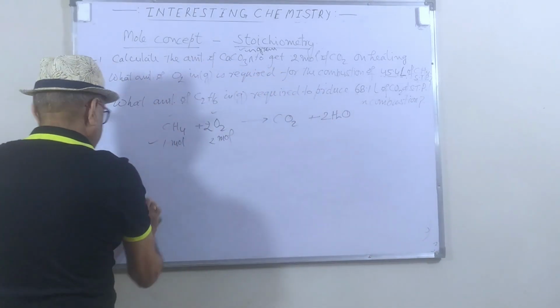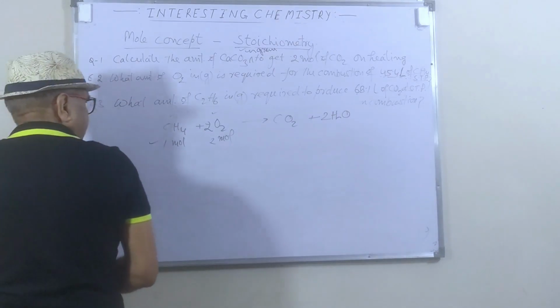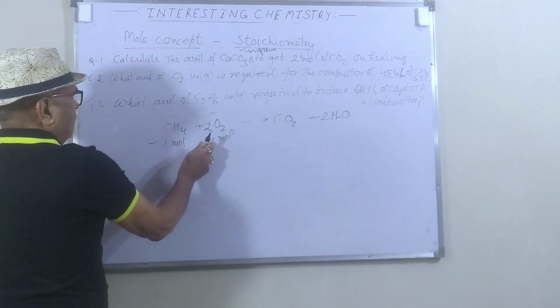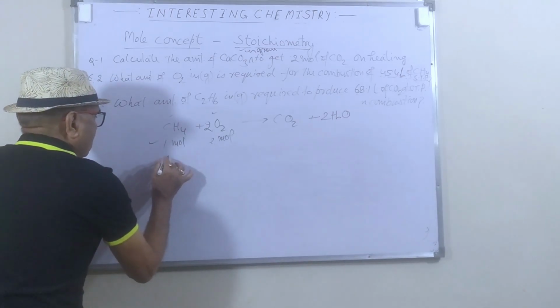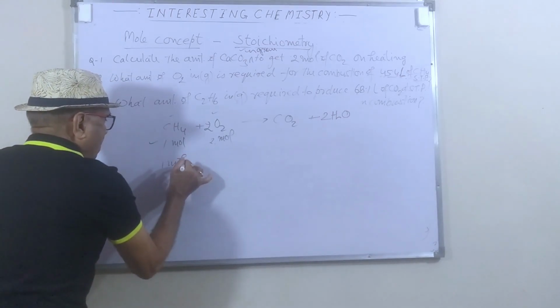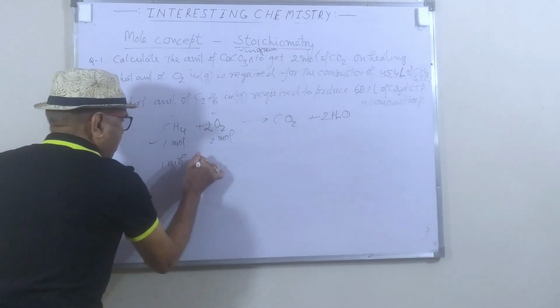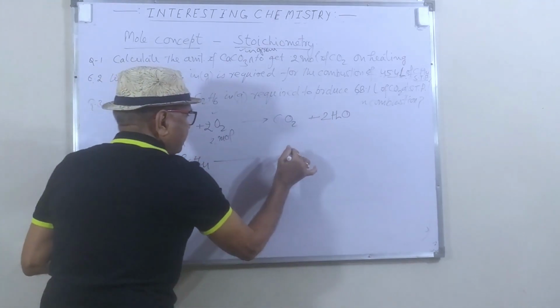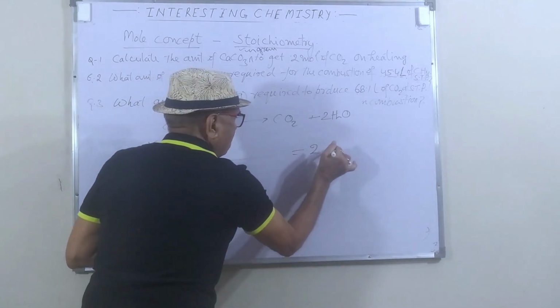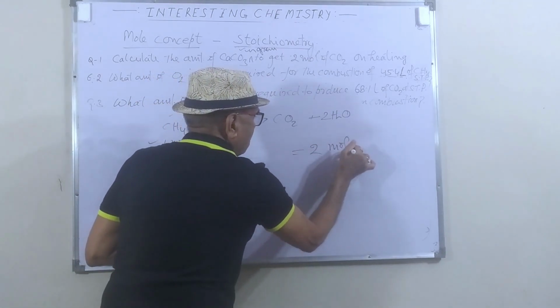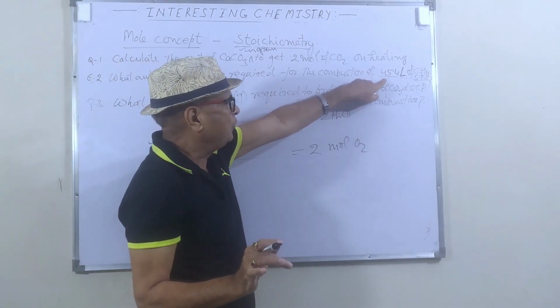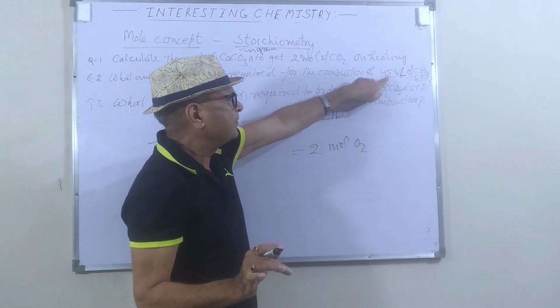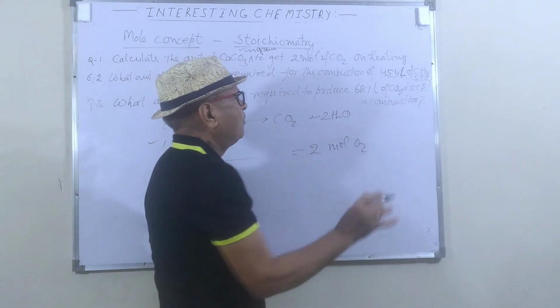Suppose it is from this equation: 1 mole of CH4 requires 2 moles of O2 for combustion. Now first change this volume into moles.